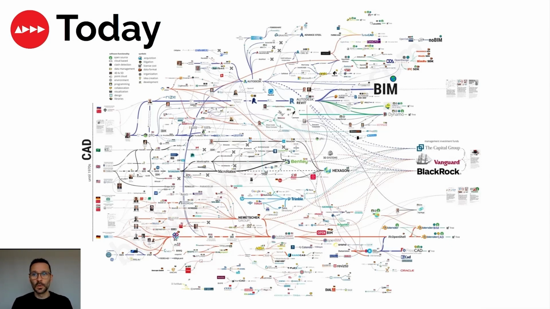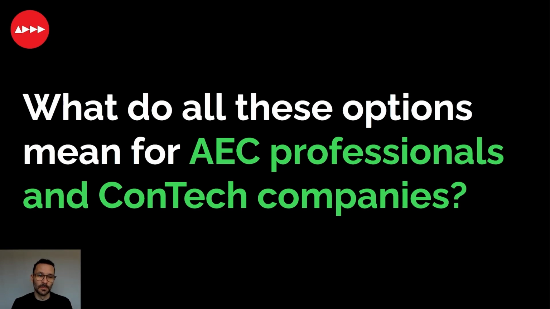A huge amount of different software, with some larger software houses bringing those into their own stable of solutions. People like Hexagon, Trimble and Autodesk have a number of solutions within there, but it's an incredibly complex picture. And actually, to the right of this, you could create another set now of all these new construction technology software companies which are out there, which are starting to make this picture more complex again, and expand that out in the future.